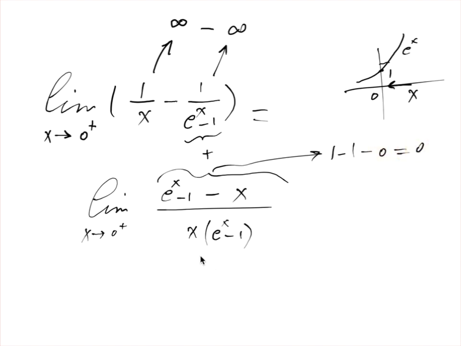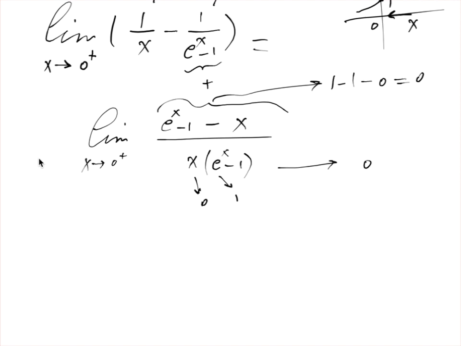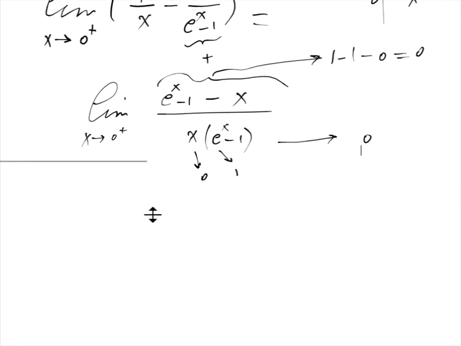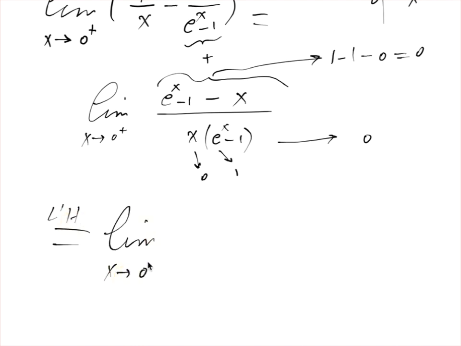In the denominator, x tends to 0, e to the x tends to 1, and you have minus 1, so it's 0 times 0, and that too tends to 0. So we have 0 over 0 type. Therefore, L'Hopital's rule applies.